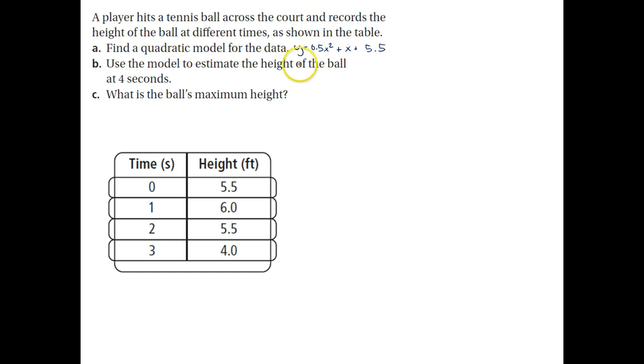Now we can use this model to estimate the height of the ball at 4 seconds. So 4 seconds would be right here. So I'm just going to plug that in for my x value. These were my x's, these were my y's. So I'm going to plug in a 4 for x. Y equals negative 0.5 times 4 squared plus 4 plus 5.5.